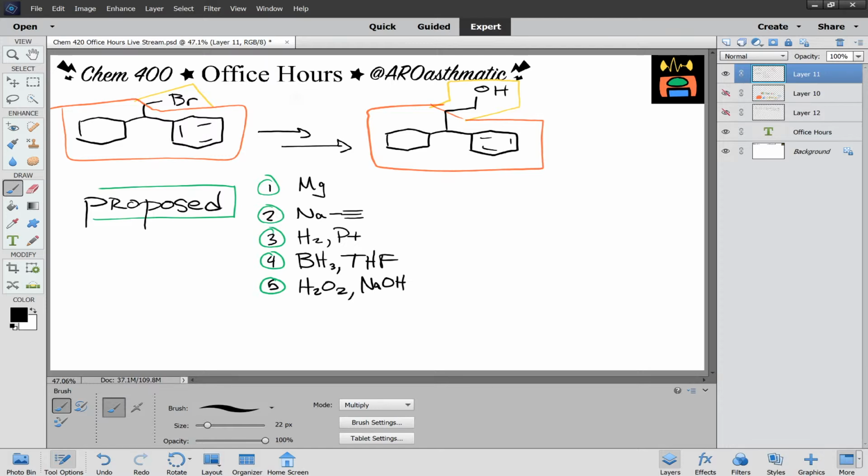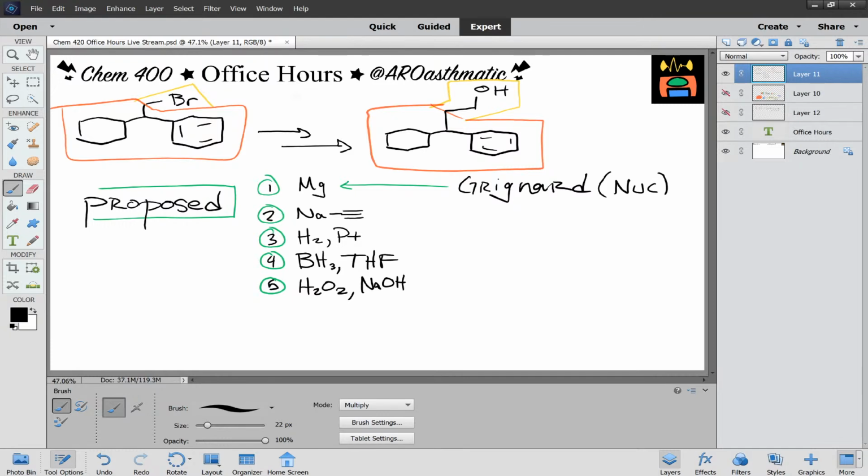All right, now when I look at this sequence, step number 1 is looking good, right? This will form a Grignard, which is a nucleophile. It's a great way to add carbons to your system.